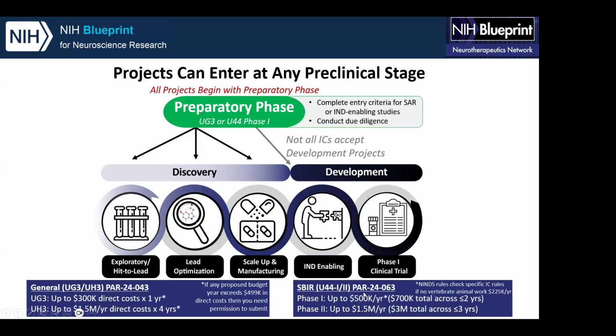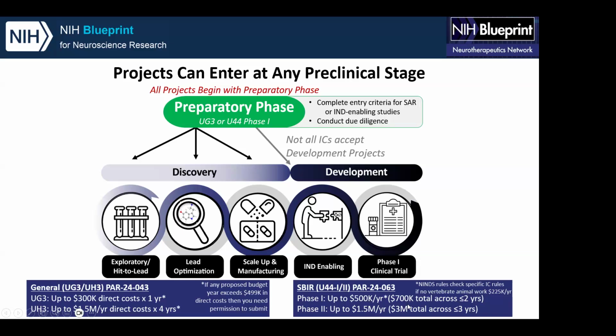As I mentioned, there are some differences in the budget requirements. The U44 version follows SBIR rules. This is NINDS rules. You need to check your specific IC. So if you're coming from NIMH or NIDA, they all have different budget restrictions for their SBIR program. You need to check with the SBIR folks in those institutes to know what those are.